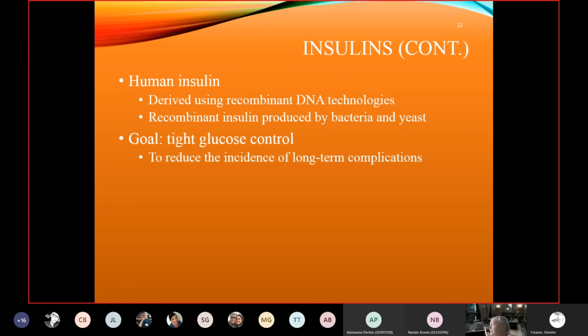And these are where you always want to test before. So rapid acting is Lispro, short acting is regular, Humulin R, Novolin R, and the long acting is Glargine, also known as Lantus.